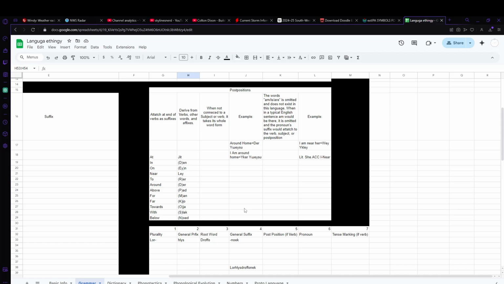Now, you might recognize these in English from prepositions. The thing here is that in English, you would say stuff like, I put it on the table.